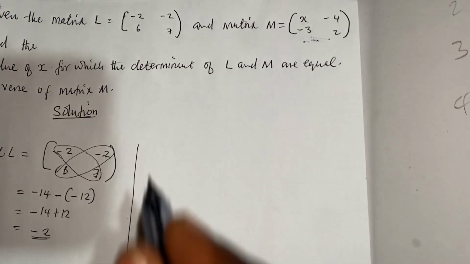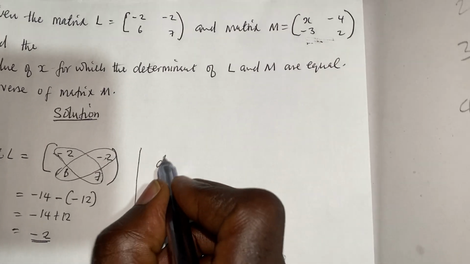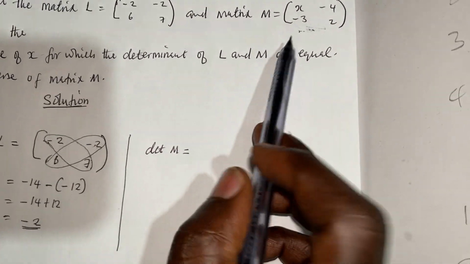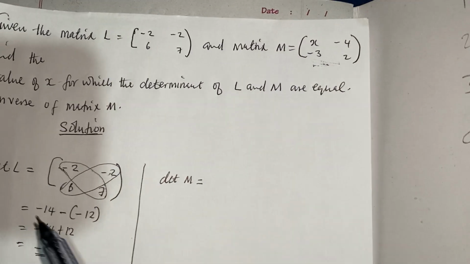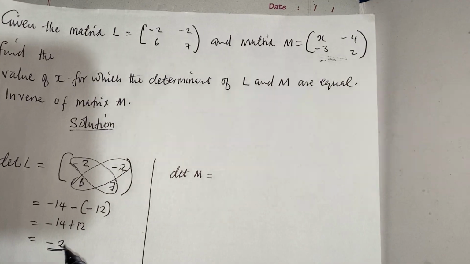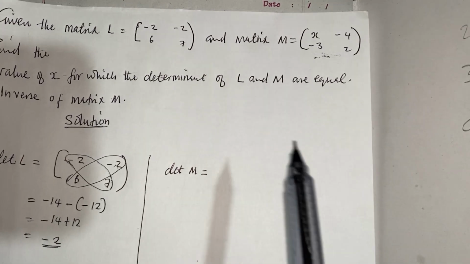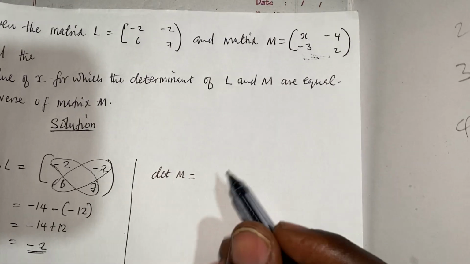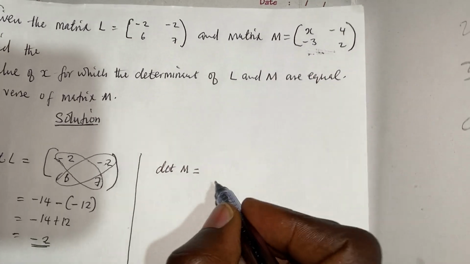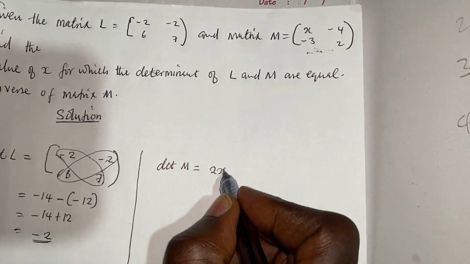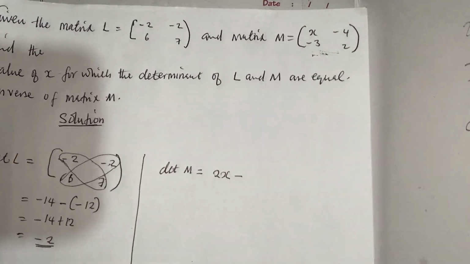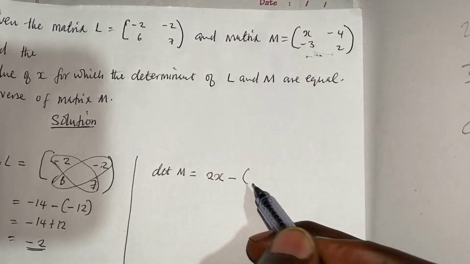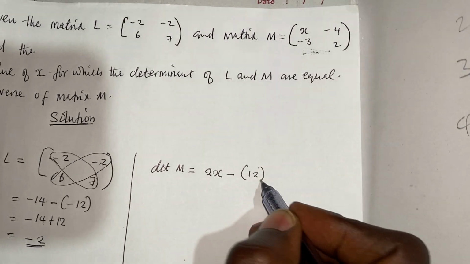So the determinant of M is equal to, the same way we used to find the determinant for matrix L, we are going to use the same method for matrix M. So we multiply x times 2, which is 2x, then minus, -3 times -4, which is equal to 12.